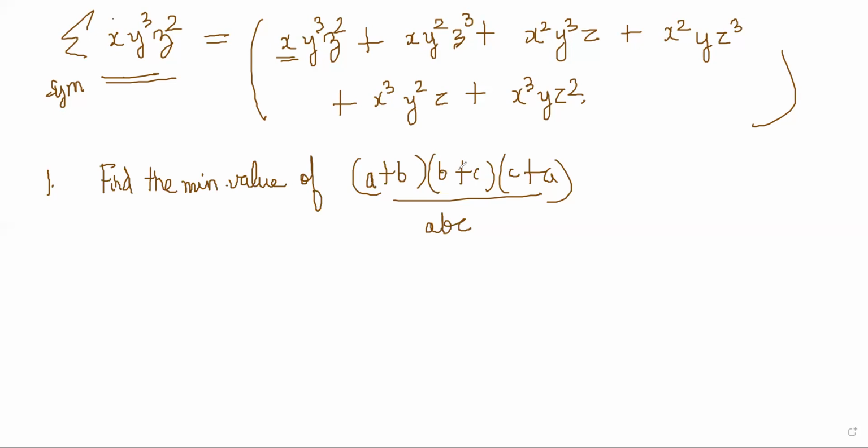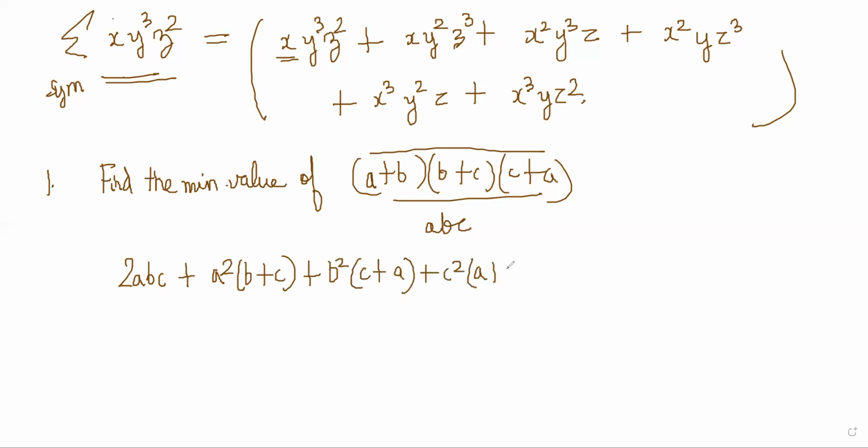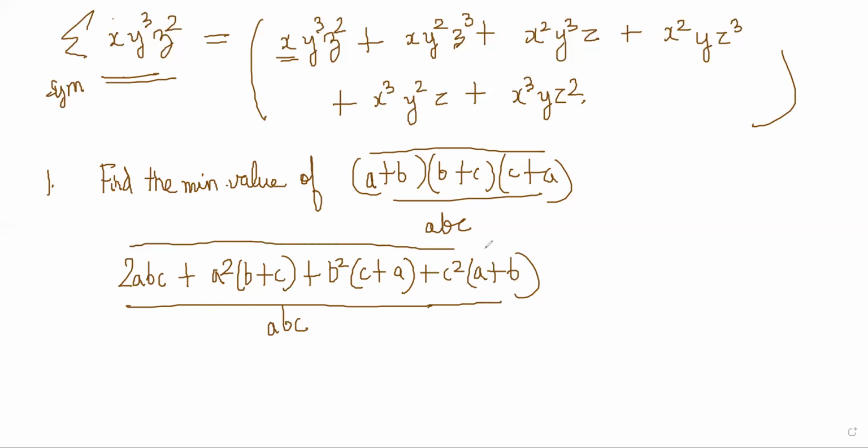So what we can do is multiply this numerator, and you will get something like this: 2abc plus a square (b plus c) plus b square (c plus a) plus c square (a plus b), now divided by abc. Now this you can check yourself. The second part here is like 2abc plus the symmetric sum of a square b power 1 c power 0.